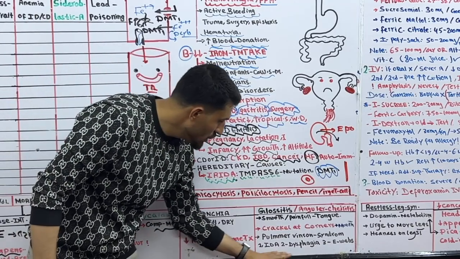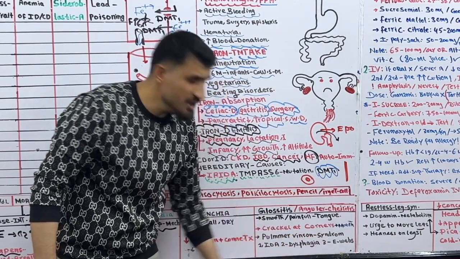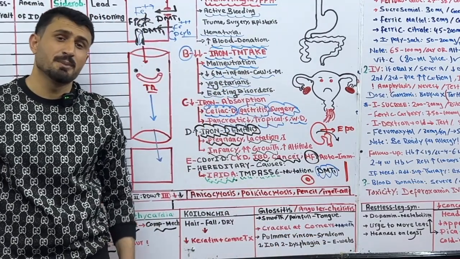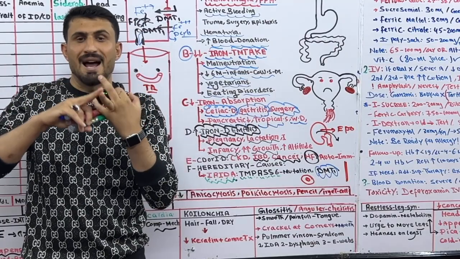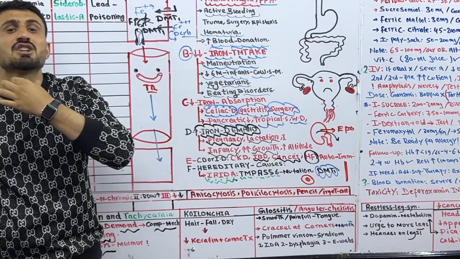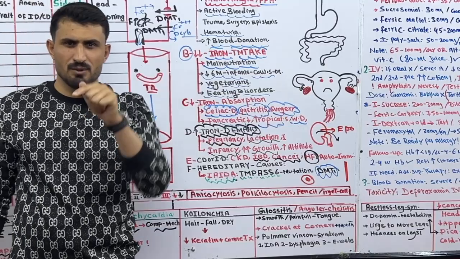Plus sometimes you will find a syndrome called Plummer-Vinson syndrome. In Plummer-Vinson syndrome, we have iron deficiency anemia, plus esophageal webs. Do you know about esophageal webs? Watch this photo.